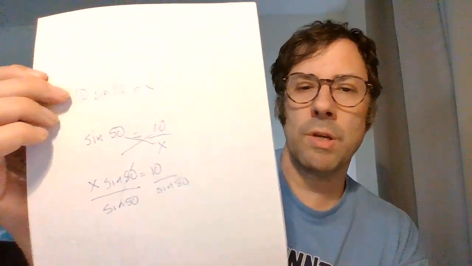So we divide both sides by the sine of 50, so we can eliminate it on one side. So now we just have x equals 10 divided by the sine of 50, which we go into our graphing calculators again.